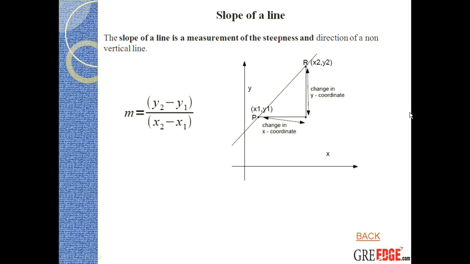For example, if you take R as 2 comma 1, and P as 3 comma 2, then you will have 2 minus 3 by 1 minus 2, which is minus 1 by minus 1, so you will have it as 1. Similarly, if you take the other way round, it is 3 minus 2 by 2 minus 1. So again you will have it as 1 by 1, so it will be the same, 1.